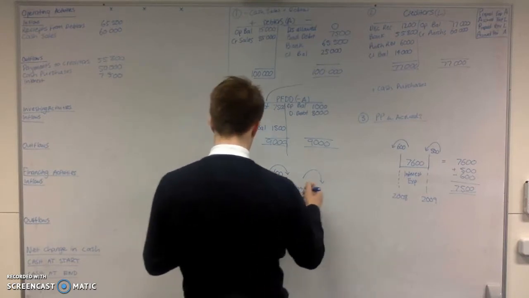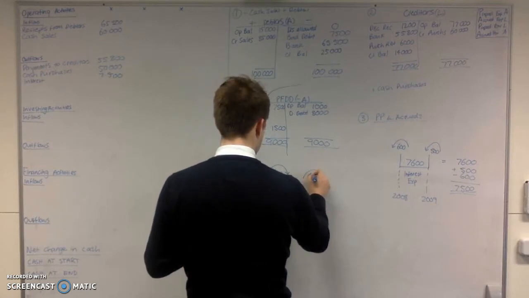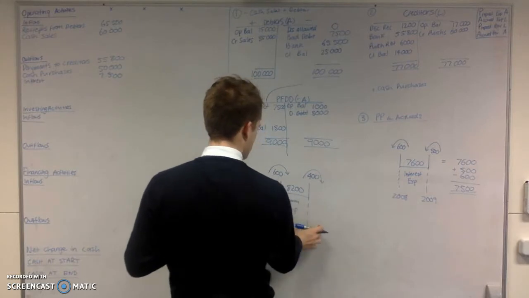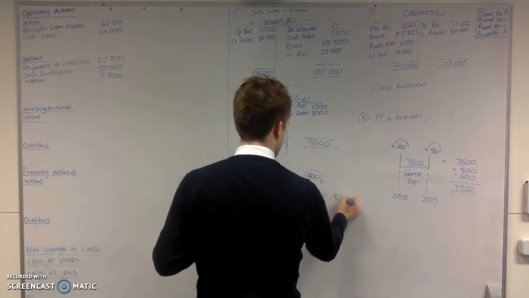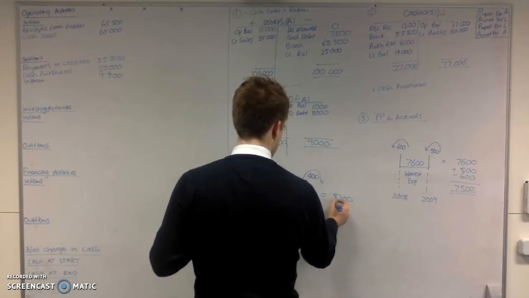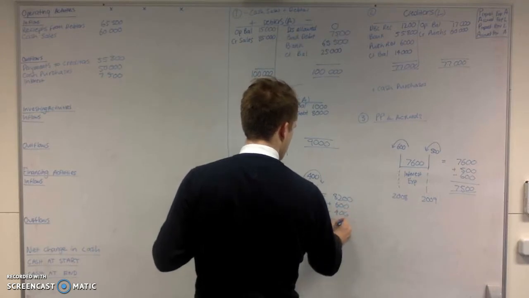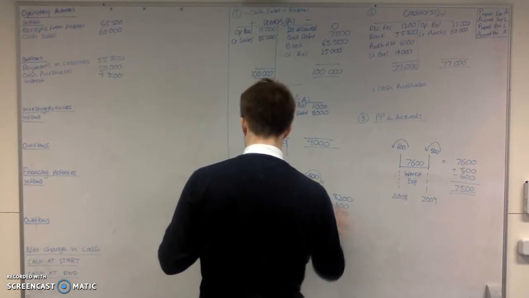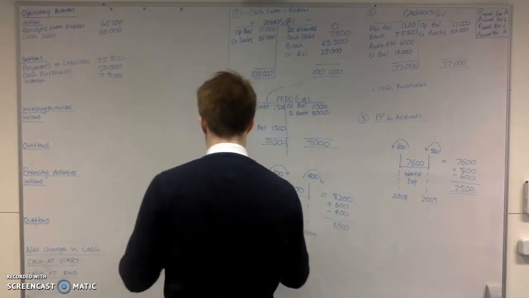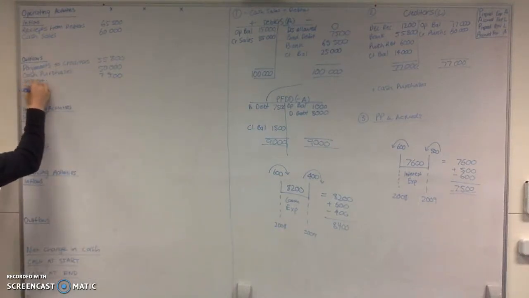And at the end of this period, the business still owed $400, meaning it will be paid in the next period. So 8,200 plus $600 being paid in this period. Take the $400 we owe at the end. That means the business is going to be paying $8,400 worth of commission during the accounting period.